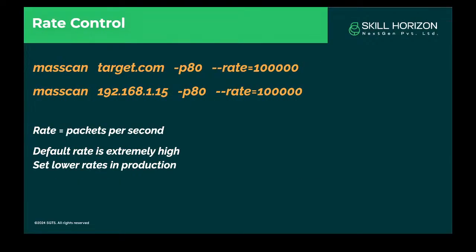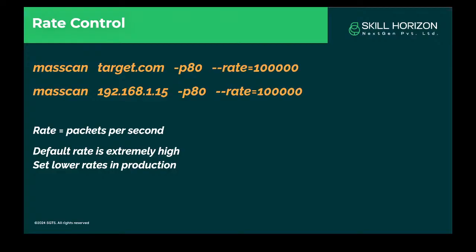Now the rate control, and this is very important because the default scanning rate of masscan is extremely high. So if your target is in production and you want to control the speed, you have to set lower rates.